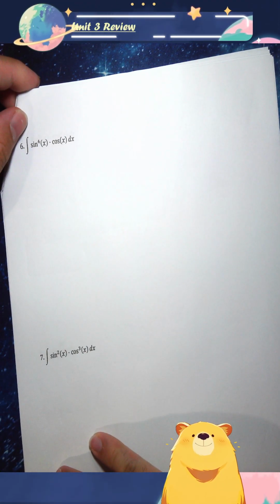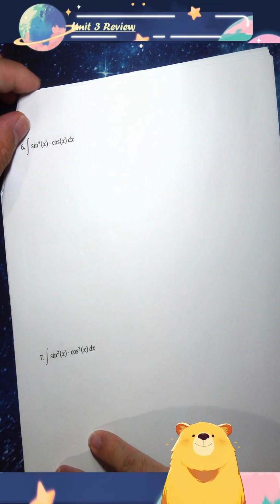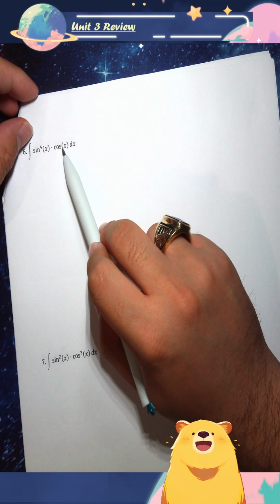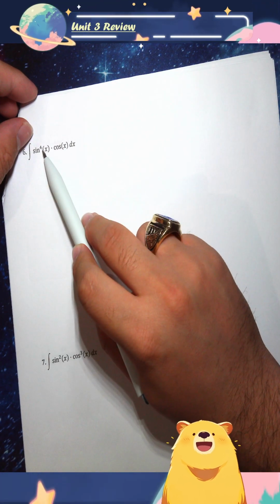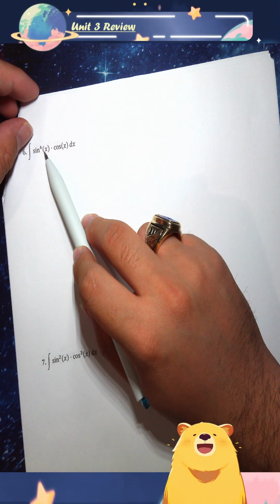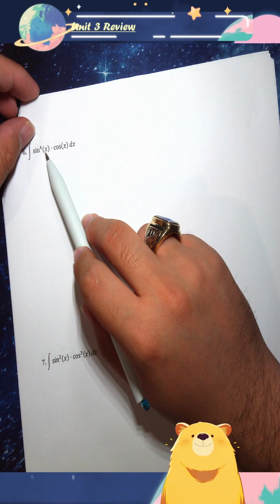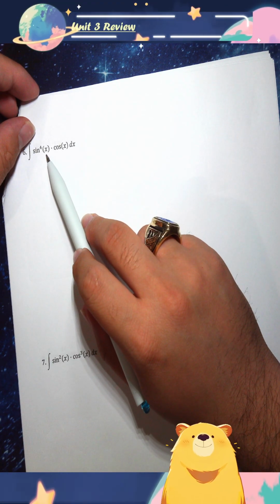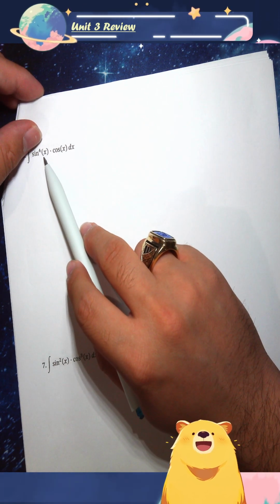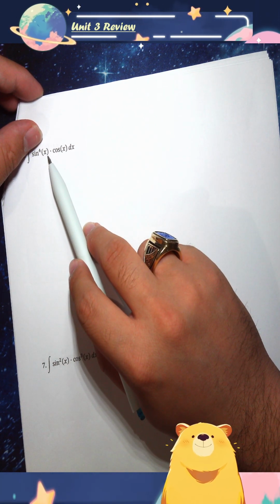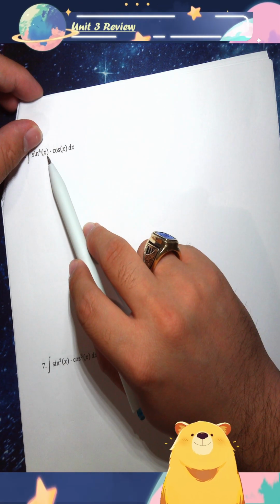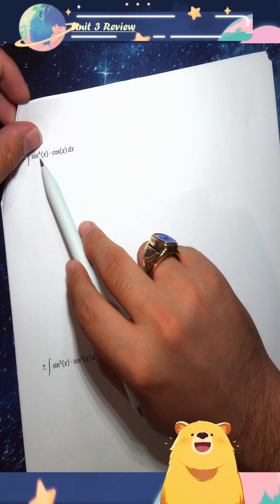Okay, all right. Here we have an odd cosine, so we need to turn this into... wait, hold on, let me see. So sine 4 of x. I kind of could just already do this anyway.